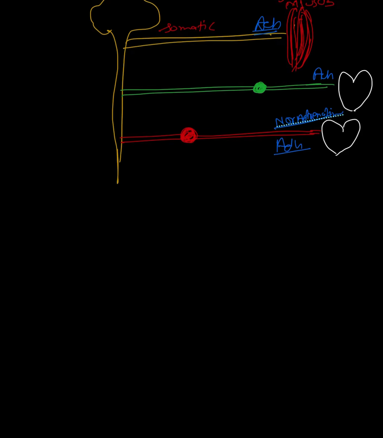In the ganglion, always acetylcholine is released. These types of nerves are called the parasympathetic nerves, and these are the sympathetic nerves.